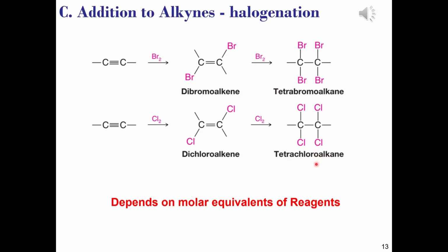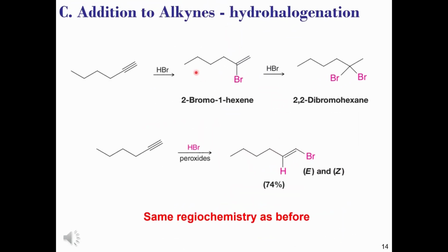Now let's have a look at the hydrohalogenation reactions for alkynes. The reaction of a terminal alkyne with, say, hydrogen bromide proceeds with the same regiochemistry as for an alkene, which is by a Markovnikov addition. If a second equivalent is added, then this provides synthetic access to geminal dihalide products.